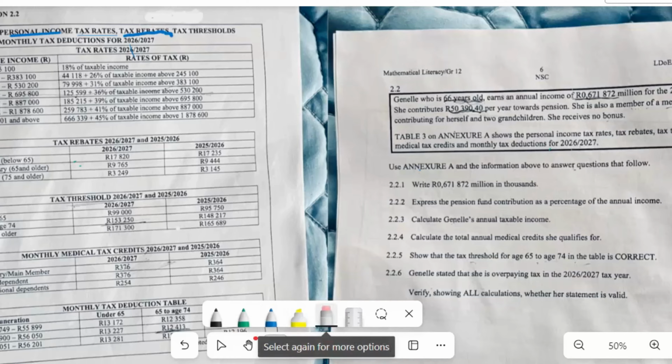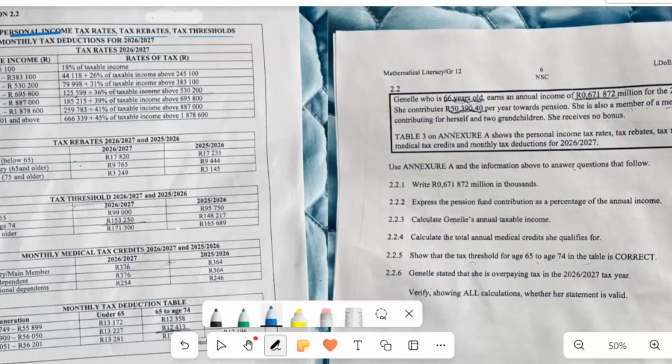Okay, I seem to have erased that. Let me redo. So let us try and explain these terms.